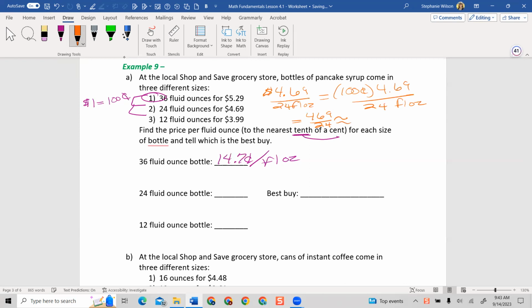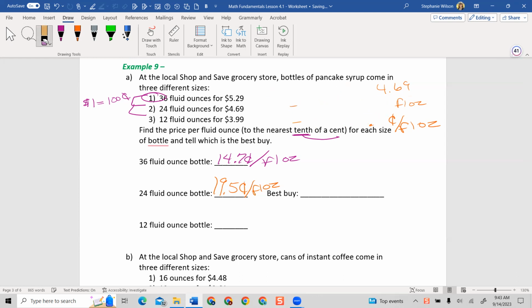And I get 19.5 cents per fluid ounce. All right. Now I'm going to erase for the next one.